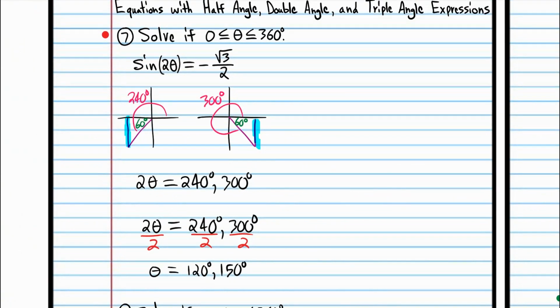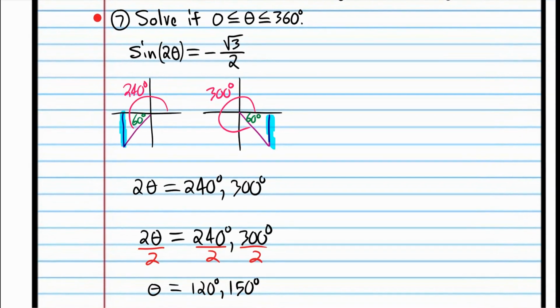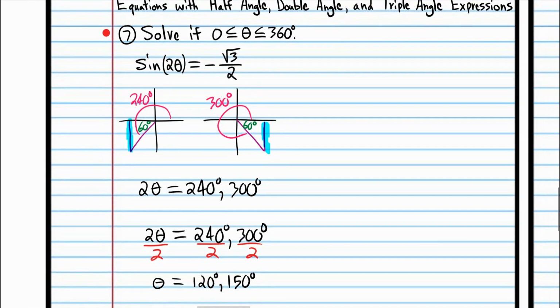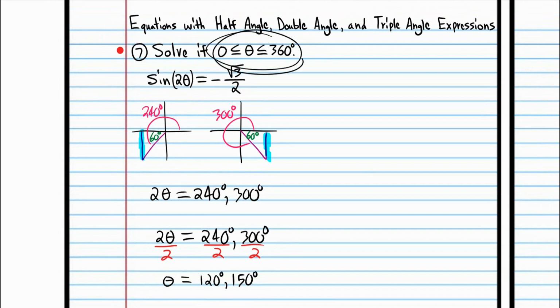There's only one problem. When you have theta multiplied by some whole number, oftentimes you're going to have more solutions than you think. If it's 2 theta, you're probably going to have roughly double the number of solutions in our typical interval here. So this is kind of a tricky problem.